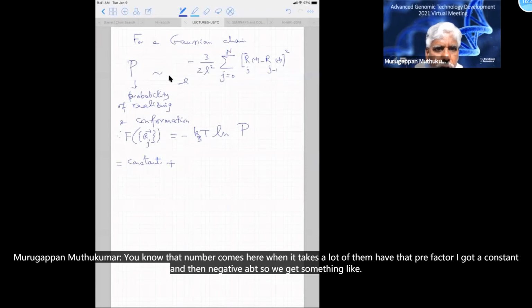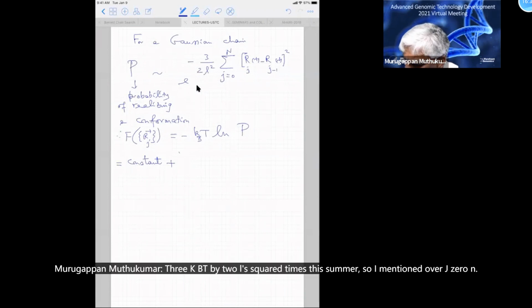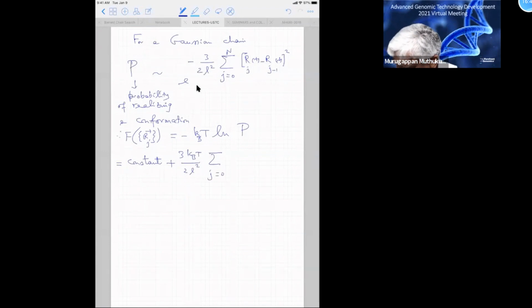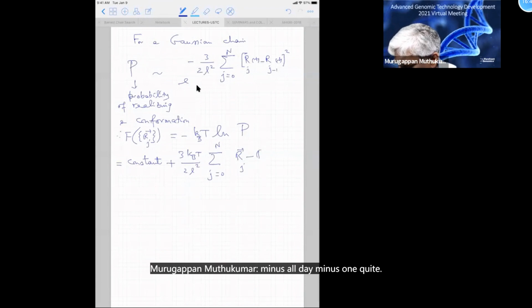When I take the logarithm of that prefactor, I get a constant, and then negative kBT, so we get something like 3 kBT by 2L squared times this summation over j, 0 to N, Rj minus Rj minus 1 squared.